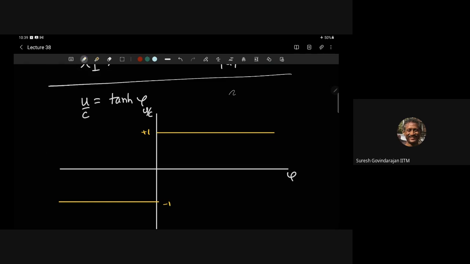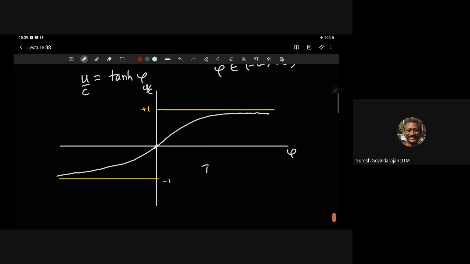So phi goes from minus infinity to plus infinity, but u is bounded by plus 1 and minus 1. If you plot this function as you change phi, you will see that it asymptotes and goes to 0 here. So this is the famous statement that the speed cannot exceed the speed of light.